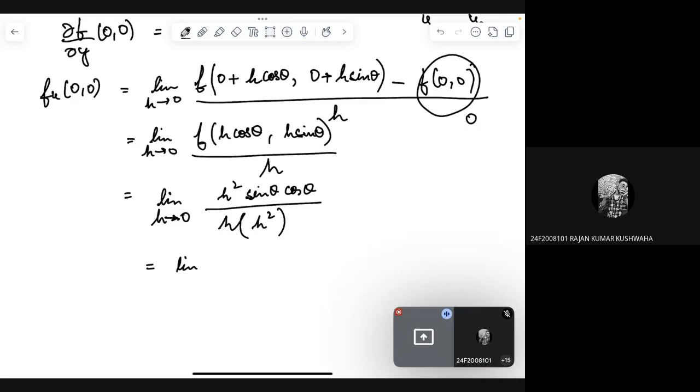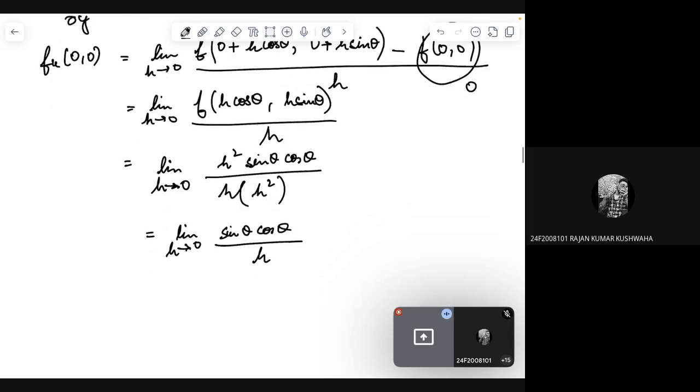This is limit h tends to 0 of sin theta cos theta divided by h. So you see that this is 1 by h. As h tends to 0, the function tends to infinity, so this is not defined.